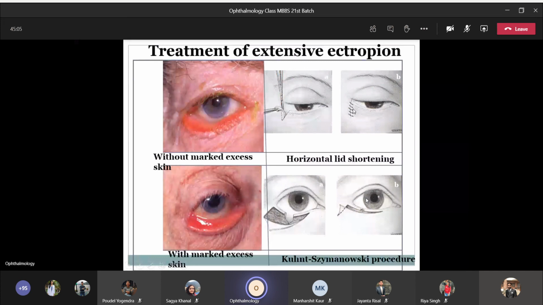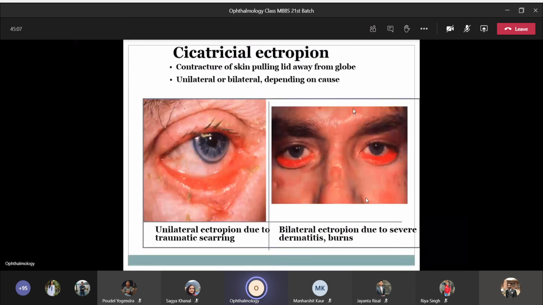A cicatricial ectropion is due to contracture of skin pulling lid away from the globe. It may be unilateral or bilateral depending on cause. Unilateral ectropion is due to traumatic scarring, and bilateral ectropion may be due to severe dermatitis or burn. So if there is scarring over the lower eyelid, then it will pull the eyelid, leading to cicatricial ectropion.